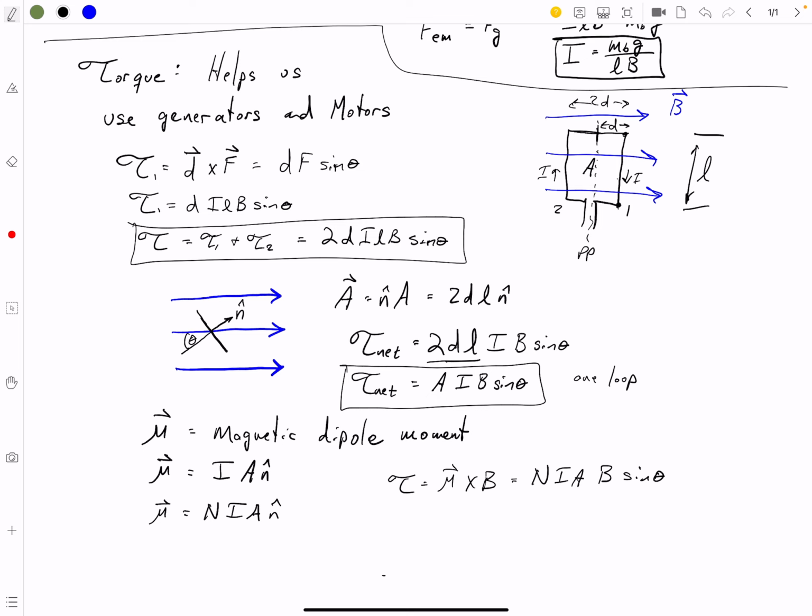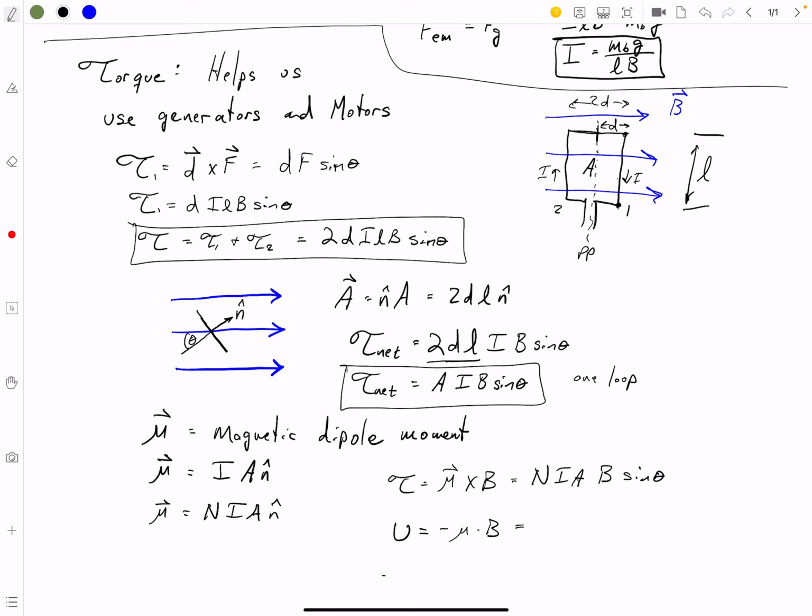Okay. Now, the energy. At this point, we're just going to stick the energy in. We could take this mu, dot it with the B, and we'll get our energy.